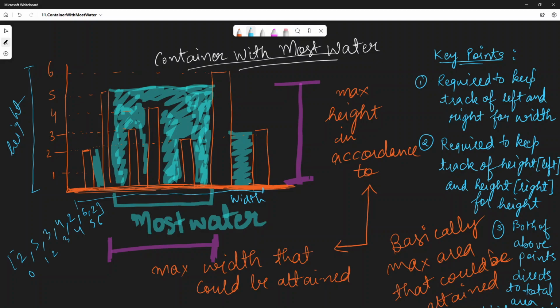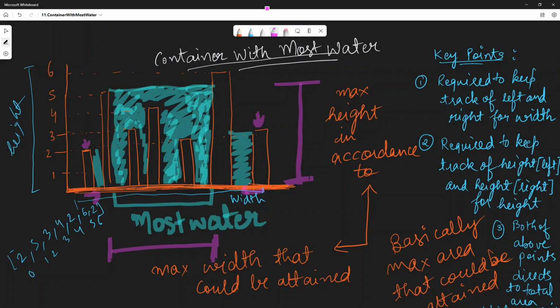Now comes the part where we are required to return the container with the most water, right? So how can we find the container which has the most water? If we start from this direction and from this direction, at that point we are required to keep a check of this height and this height.